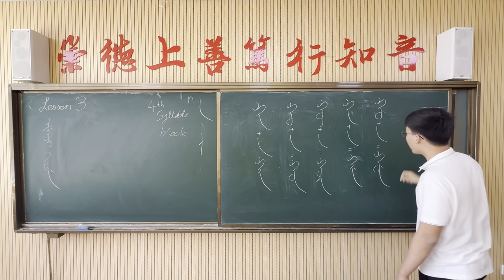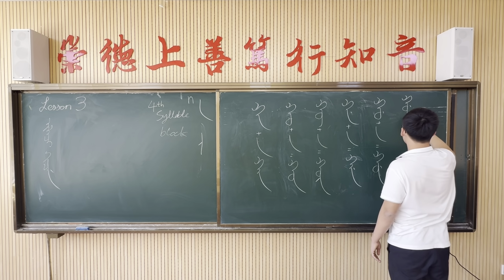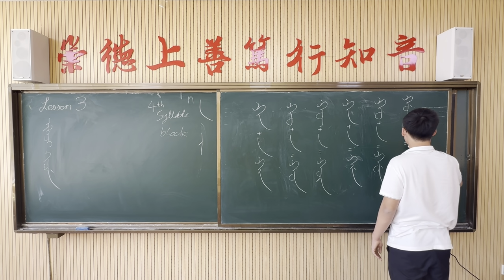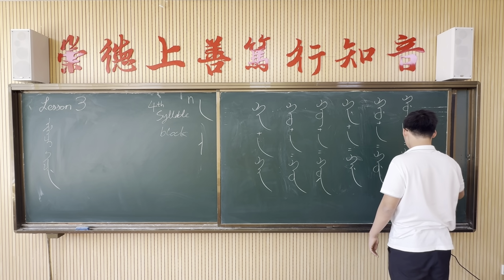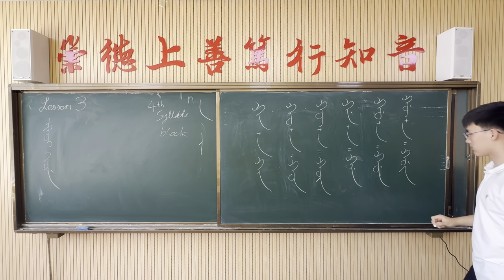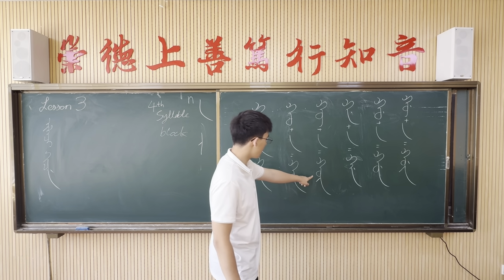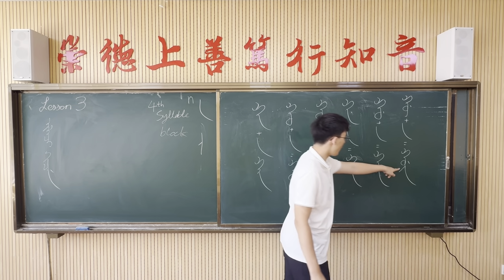And then gon plus n is gon. Kan, kon, kon, gan, gon, gon.